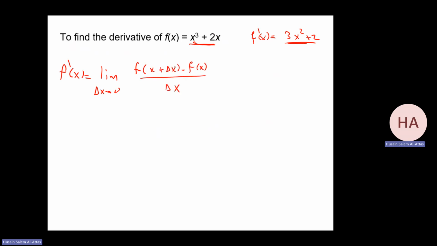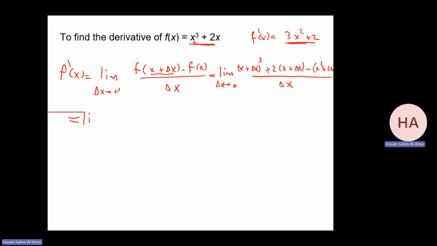So that will be the limit as delta x goes to 0 of x plus delta x cubed plus 2 times x plus delta x, minus f of x, which is x cubed plus 2x, all of this over delta x.